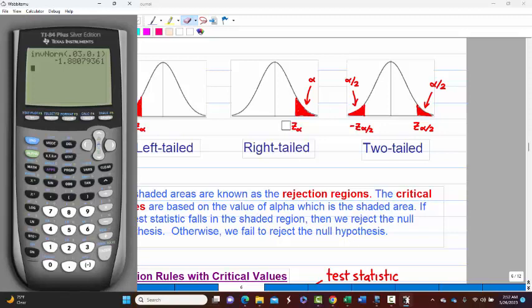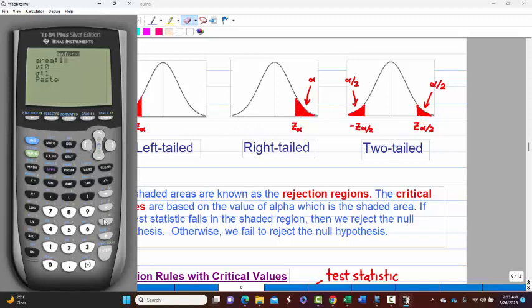Now for a right-tailed test, the answer is actually going to be the positive of this number, but just to show you, because you might only be wanting to do the right-tailed test, you could do it as a left and then just make it positive if you want. But here's how you do it directly. What you have to do to get the number directly is, because if that's 0.03 out here, the area to the left would be 1 minus 0.03.